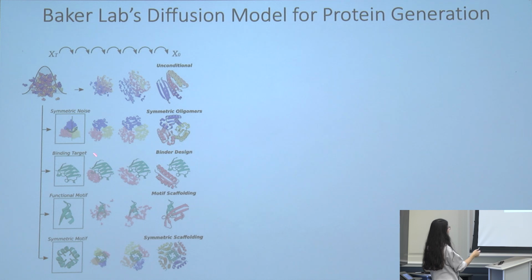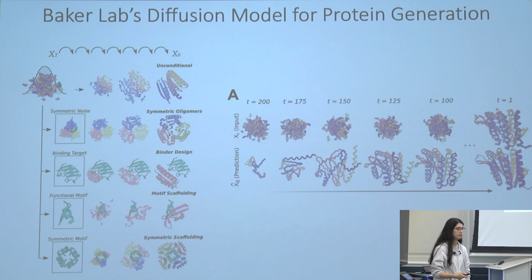Binder design, once again, you have to define the target, and then you diffuse a protein around that, making an interface with the binder. This example is for motif scaffolding. You input a functional motif that you want to be scaffolded by the generated protein. And then this final option is a combination of this and that. Symmetric motif, so there is some symmetry to your input motif, and you want to continue and build off of that symmetry. You can also do that with RF diffusion.